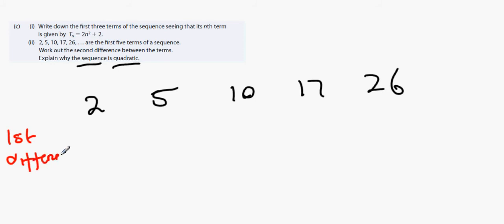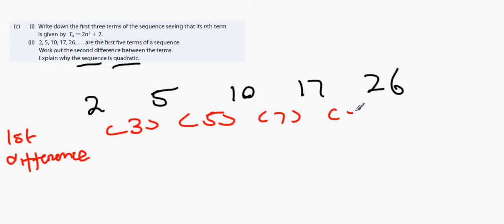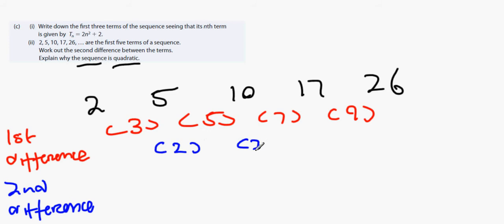It's going to be 3, followed by 5, followed by 7, followed by 9. Now we're going to do the second difference. The second difference is the difference of the first difference, which is going to be 2, 2, and 2.